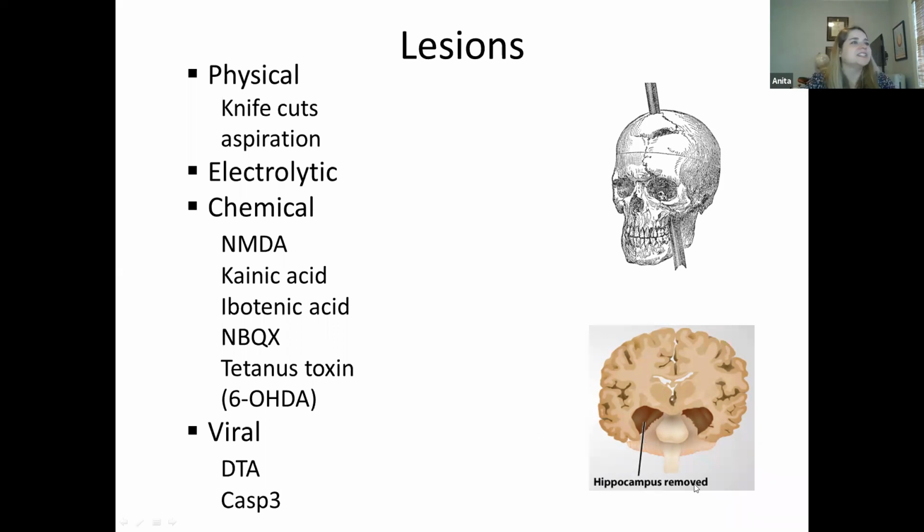But anyway, just an aside, both of these are actual lesions in humans, and they also highlight the concerns with interpreting lesion data.